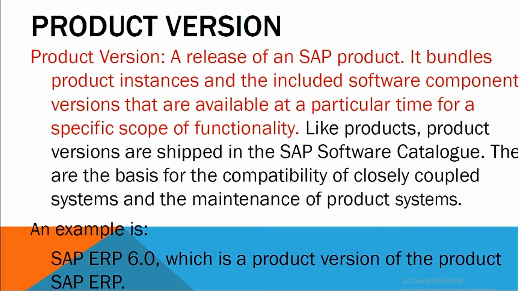Like products, product versions are shipped in the SAP software catalog. They are the basis for the compatibility of closely coupled systems and the maintenance of product systems. An example is SAP ERP 6.0, which is a product version of the product SAP ERP.